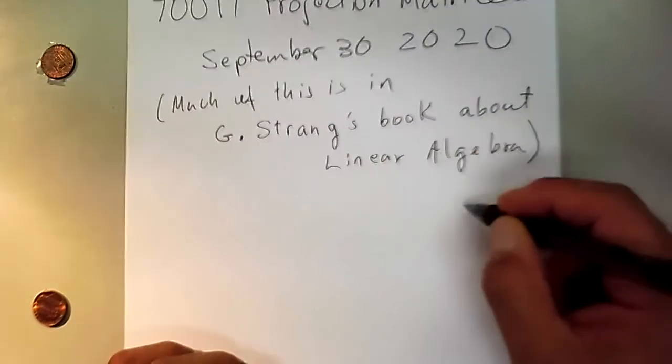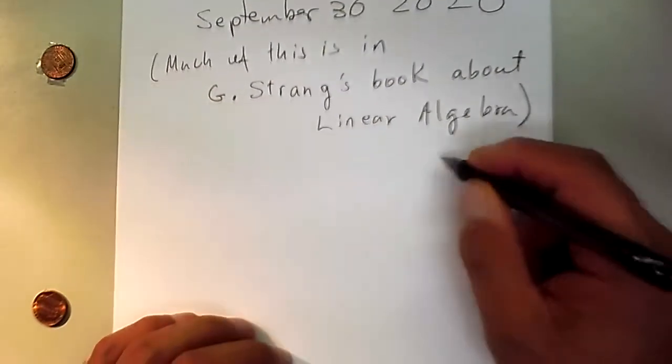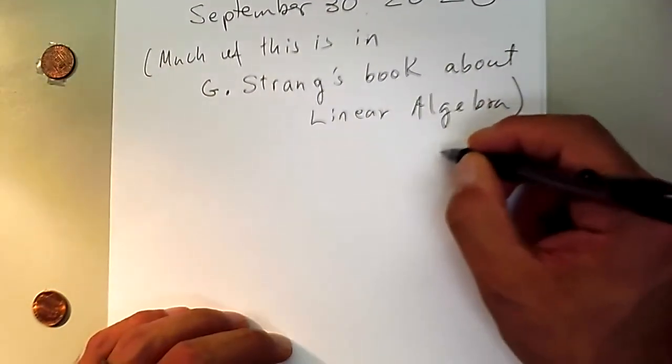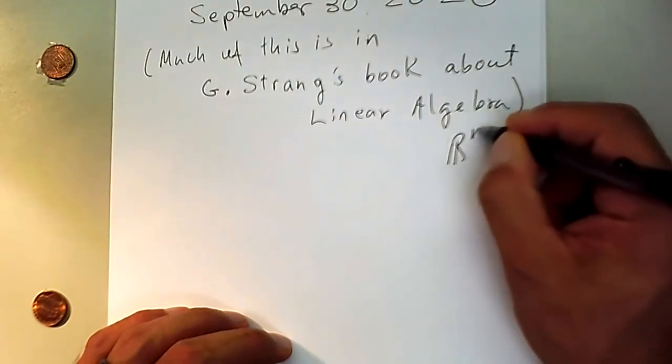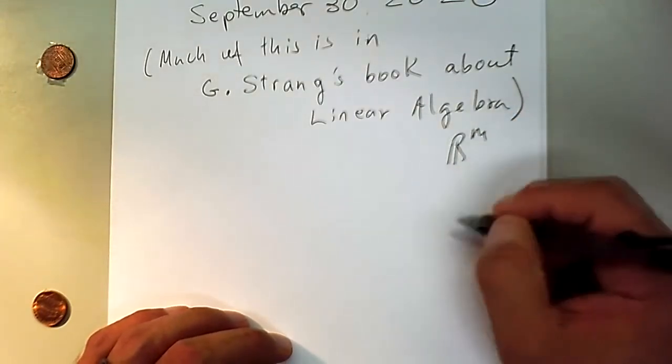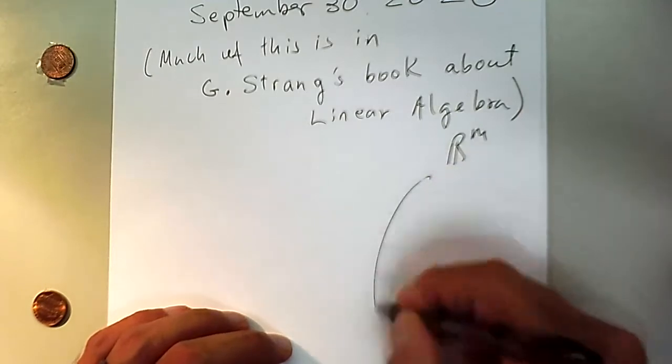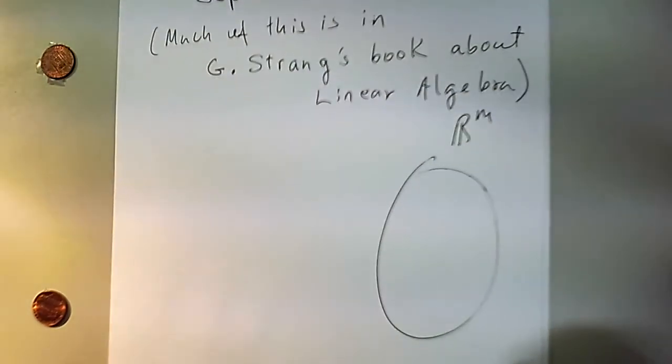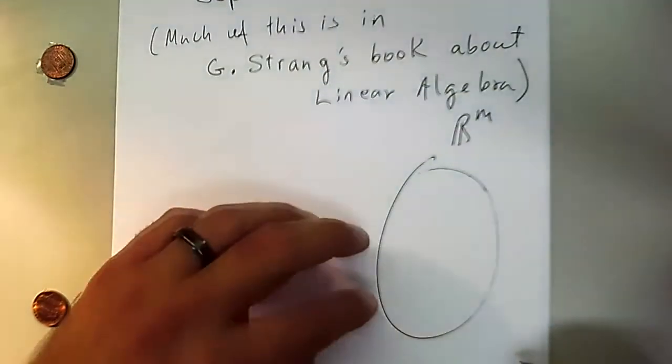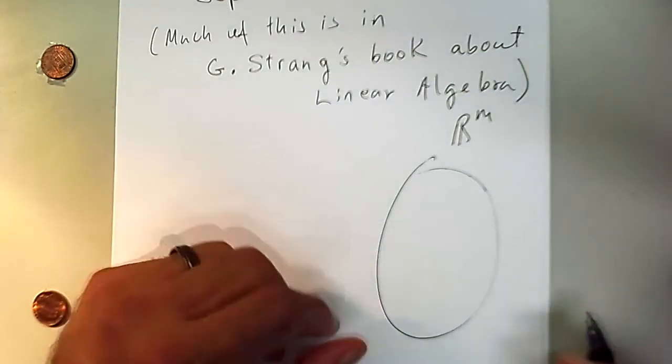If we have a vector space, more specifically R^m, so all the vectors with m coordinates, we can split this into orthogonal complements.